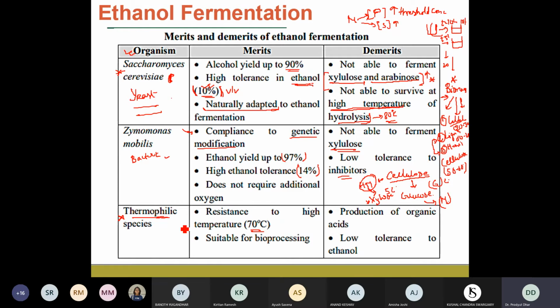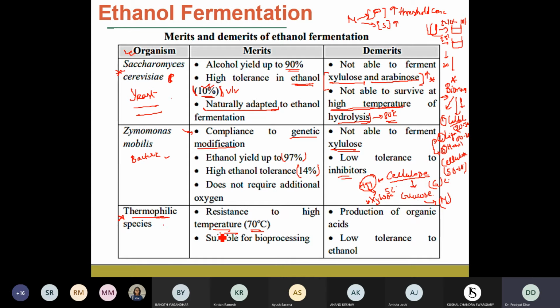And if you see the thermophilic species, there are some bacteria which are thermophilic in nature, and they are known to produce ethanol. Or sometimes genetic modification is carried out by modifying, for example, E. coli with a gene which is responsible for ethanol production, as well as a gene which makes it thermotolerant, that is, resistant to growing at a very high temperature.